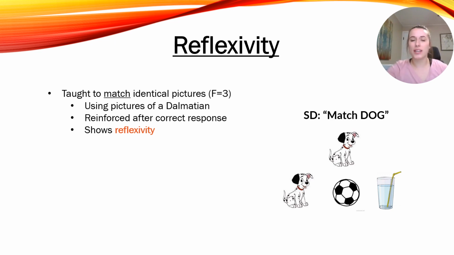Once that child engaged in the correct response, those correct responses were reinforced. The incorrect responses were not reinforced. So eventually, the child was able to hear the SD match dog, and they were able to match the identical pictures. This shows that reflexivity.